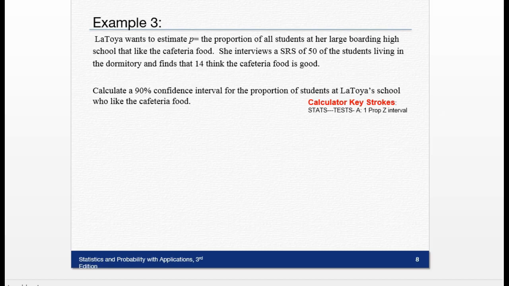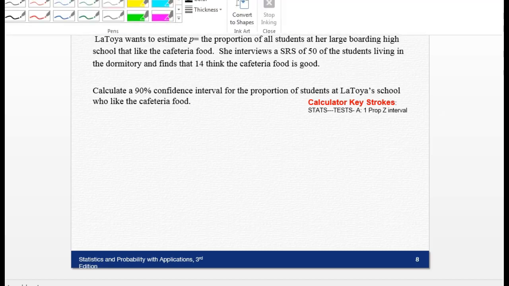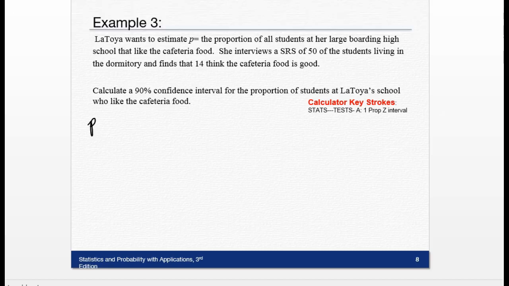All right, so here's the scenario again. We figured out that our p hat value was 0.28. We found our z star value as 1.645. So this is to calculate a 90% confidence interval for the proportion of students at her school that like the cafeteria food. All right, so remember the formula.